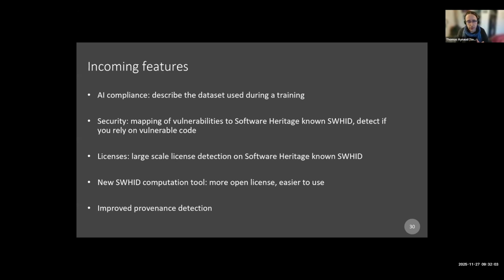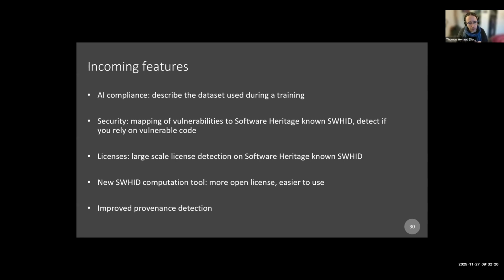And it will be easier to use, I think, because there are some drawbacks in our suite computation tool. Some defaults are not what you would expect. For instance, you have to check about the modules or remove the .git repository and so on.